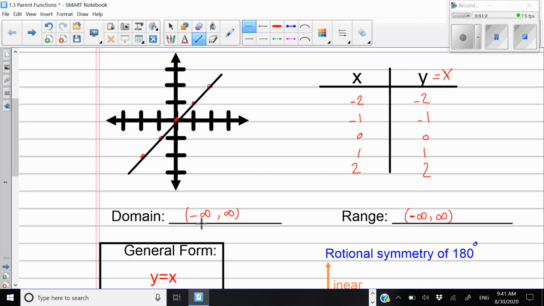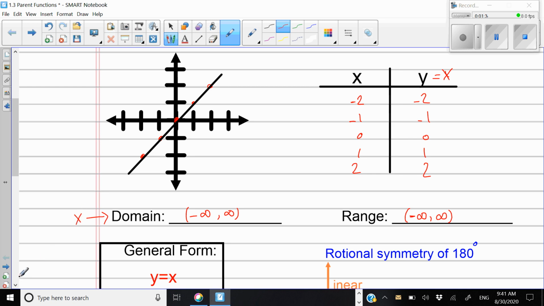To find the domain and range of this function, I just need to move from left to right to find the domain and look for the x values. As I move from left to right, also consider that there are arrows at the two ends of this graph. That means the points are continuing on both sides.